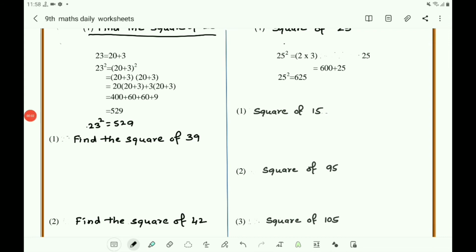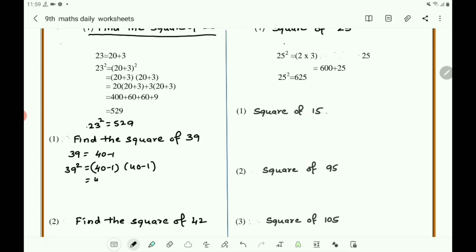Children, by using this hint, find the square of 39. You can express 39 as 40 minus 1. It is very easy for you. Then 39 square means 40 minus 1 into 40 minus 1.